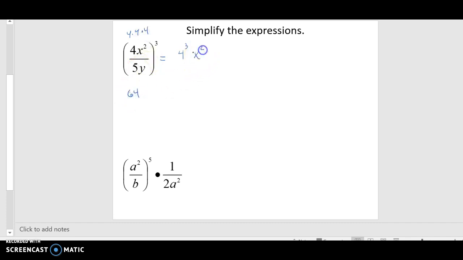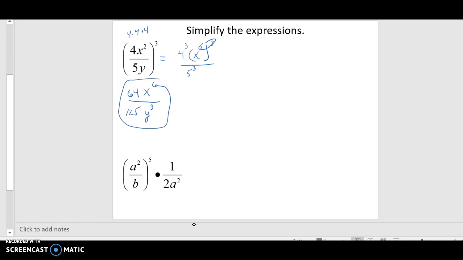Then x squared to the third power gives me x to the 6th over 5 to the third, which is 5 times 5 times 5, which is 125, and then y to the third. If I look, I do not have any common bases, and 64 over 125 cannot be reduced, so I leave my answer as is.